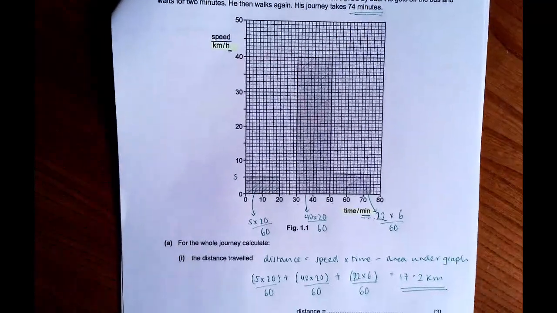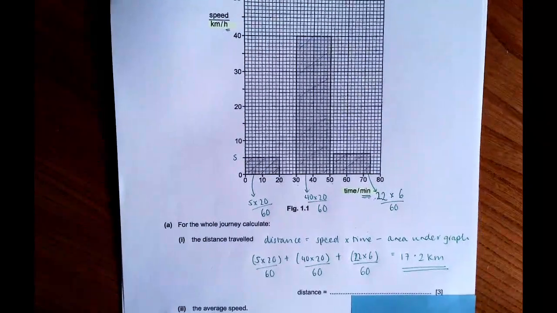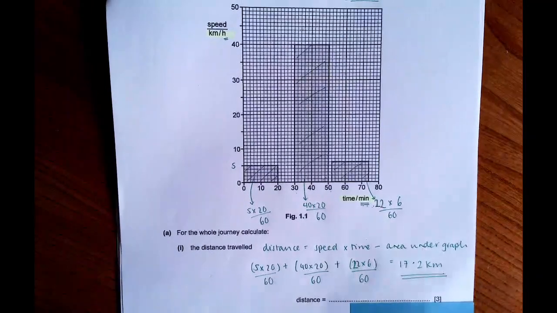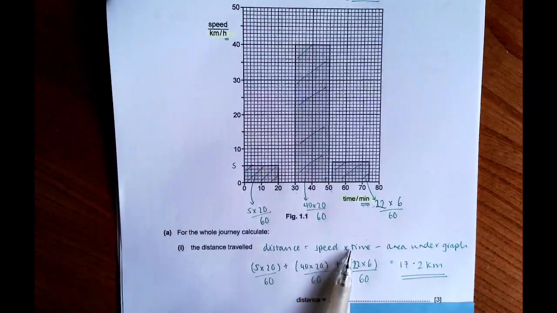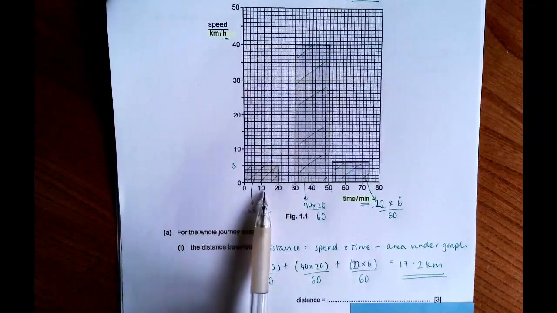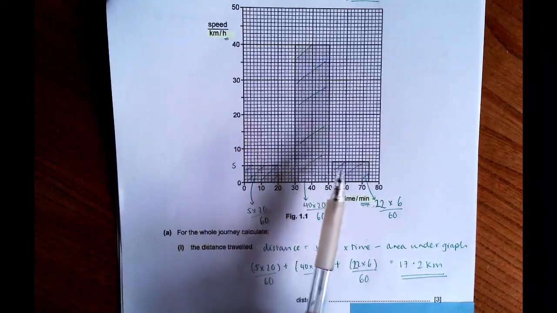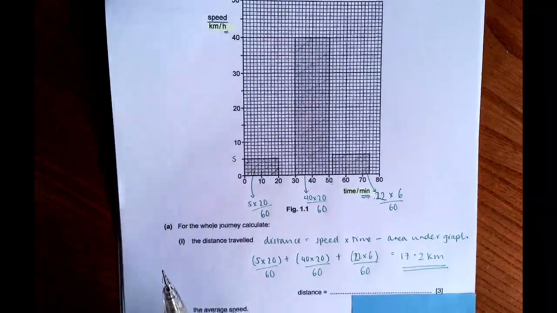Part A asks you to find the total distance travelled, and we know that distance is speed multiplied by time, so it will be the area under the graph, so calculating all of these areas and adding them together.